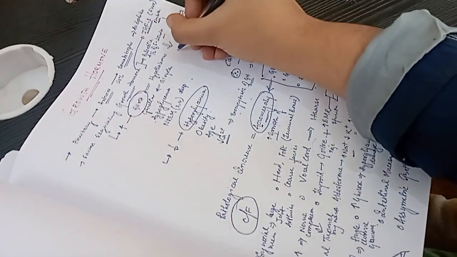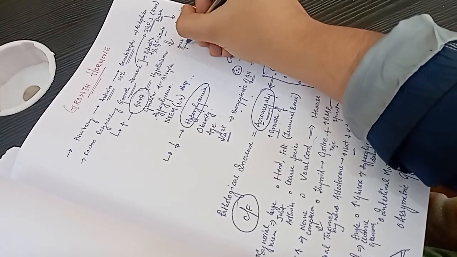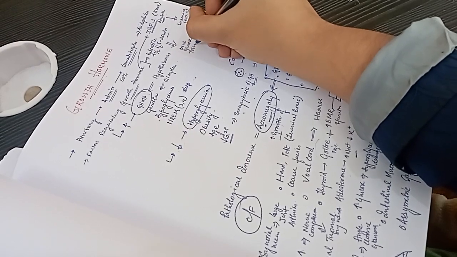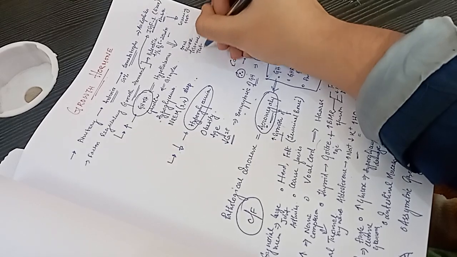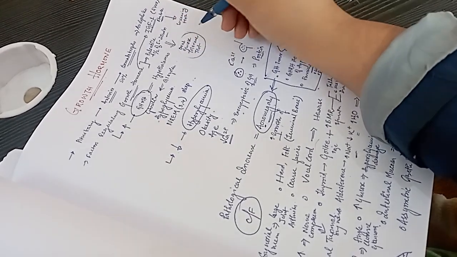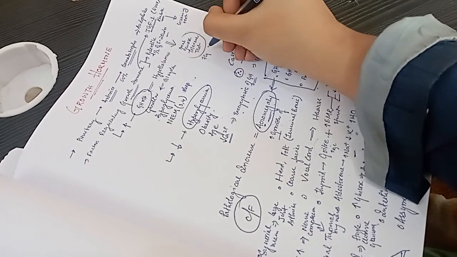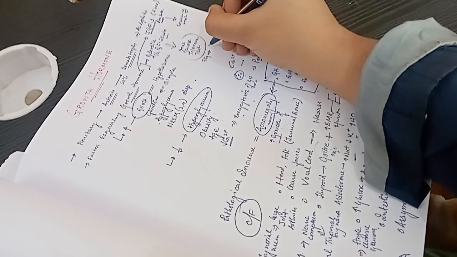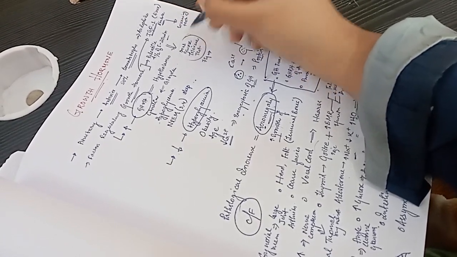So we are going to give an oral glucose tolerance test. With the oral glucose tolerance test, we give 75 gram of glucose, and then we measure the growth hormone.